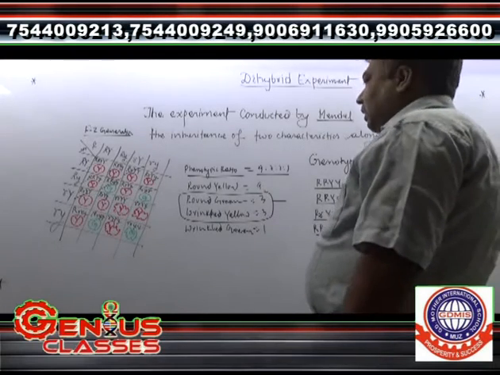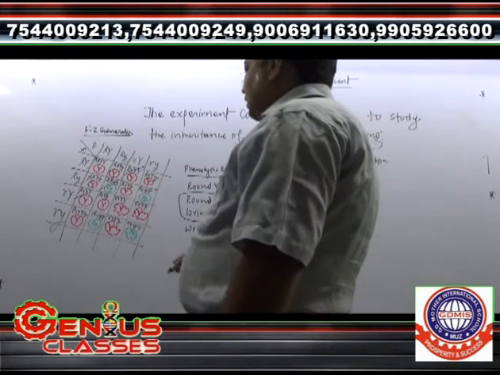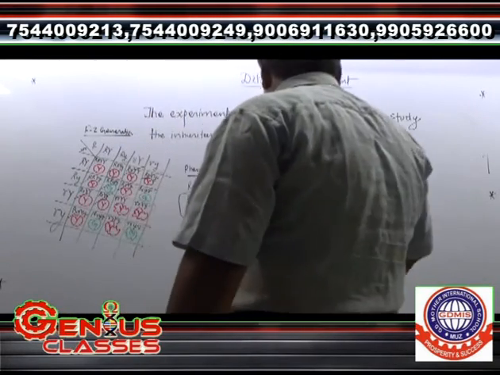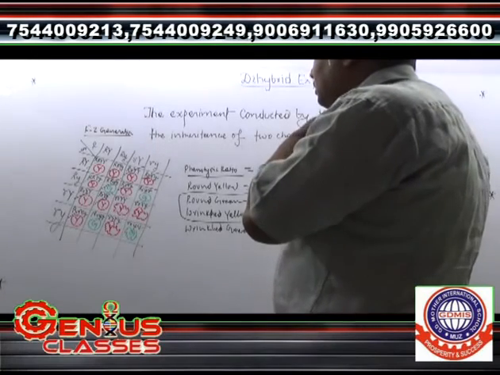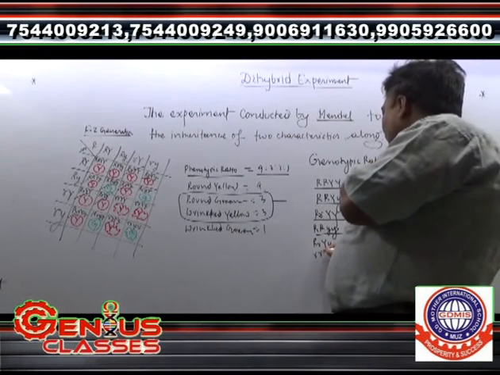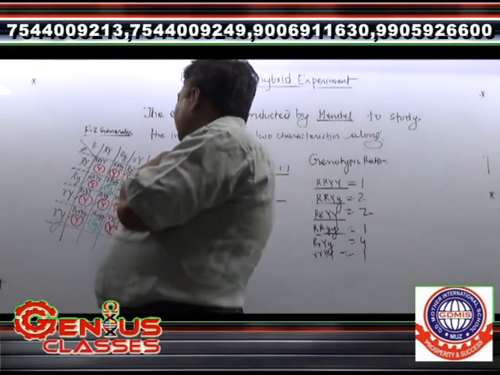Now R capital, R small, Y capital, Y small. Its number is 4. Now R small, Y capital, Y capital is equal to 1.